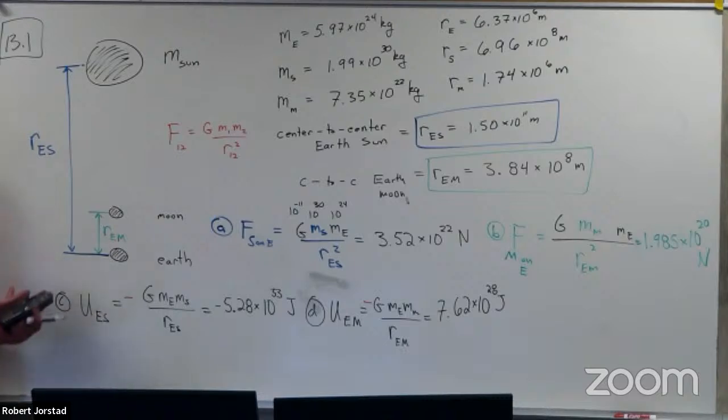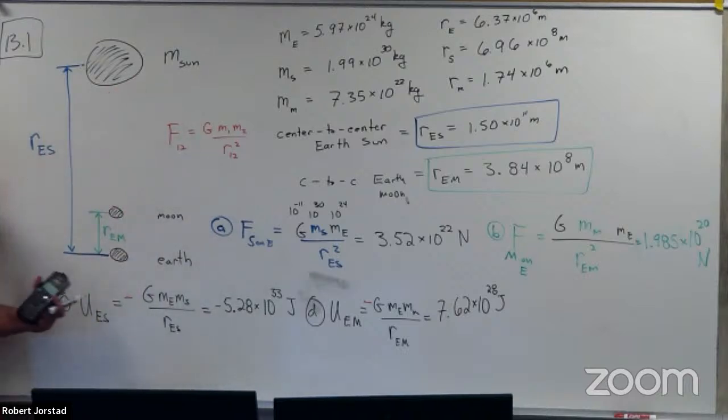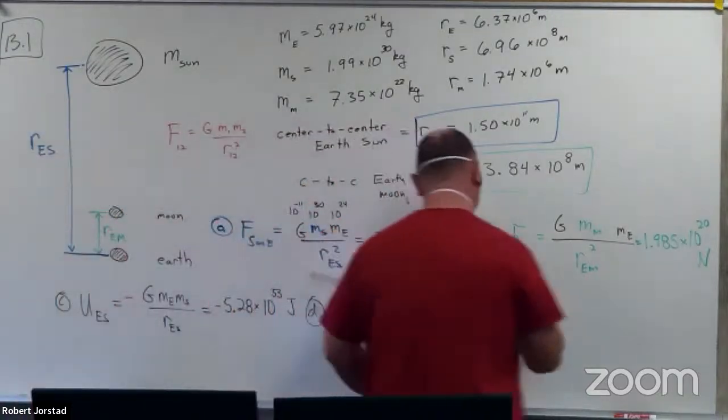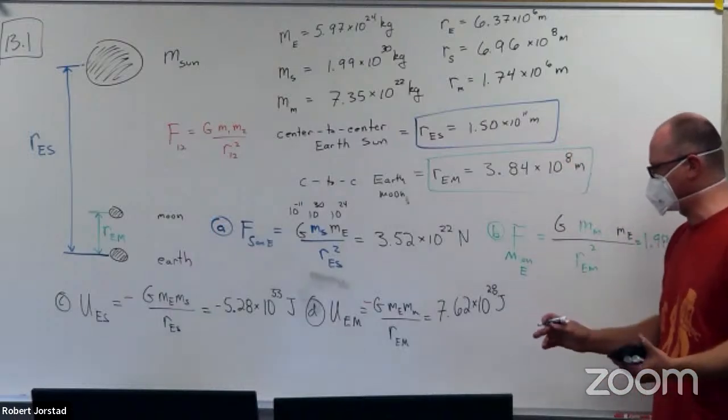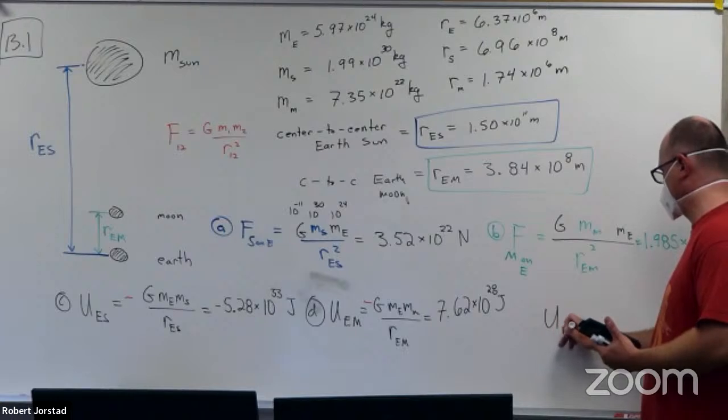All of them share it, and so there's 3 of them. Which one have we not accounted for in the potential energy? Which pair? Yeah, so we also have to incorporate the moon and the sun, and then all 3 of them share that in the gravitational field between them. So notice if we wanted to get the total potential energy, we would need the gravitational potential energy of the moon and the sun.